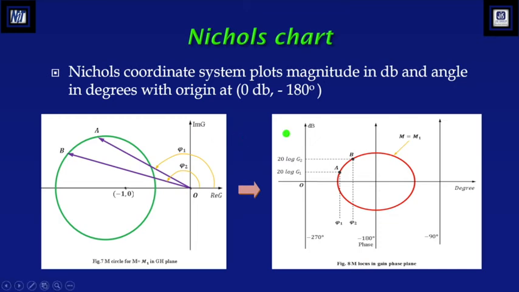The critical point in the G(j omega) plane corresponds to the point of 0 decibel and minus 180 degrees in the gain phase plane. The plot of M and N circles in the gain phase plane is known as the Nichols chart.